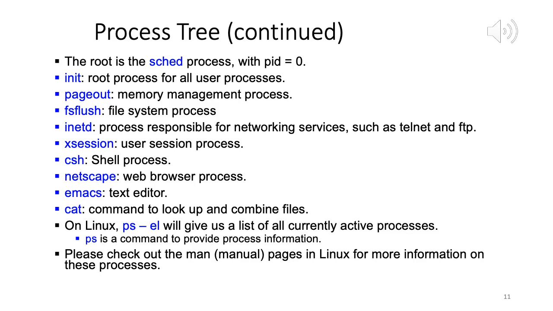Page out is memory management, FS flush is the file system. So again, we don't need to bother too much about what these processes are. Some of them we recognize, some of them we don't. Processes for networking like telnet, FTP, INETD. CSH is a shell, we know that. Netscape web browser, Emacs text editor. Cat for combining and looking up files, right?